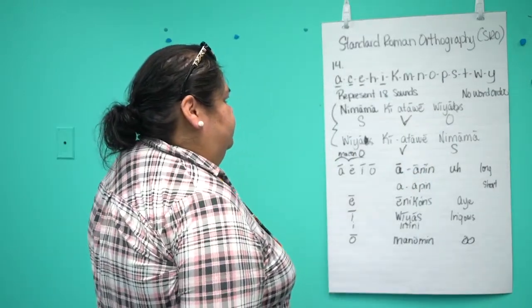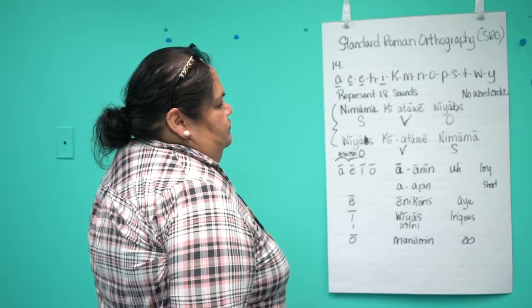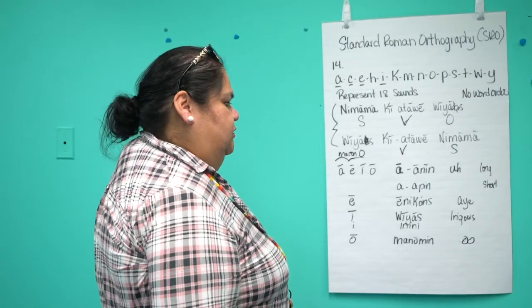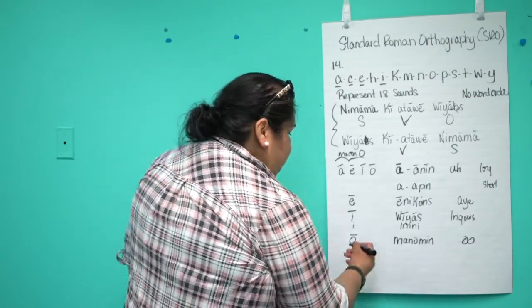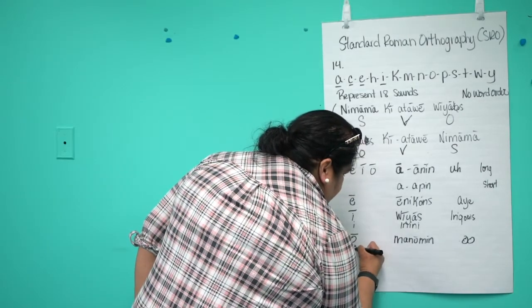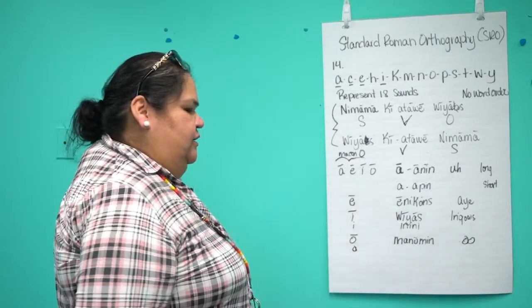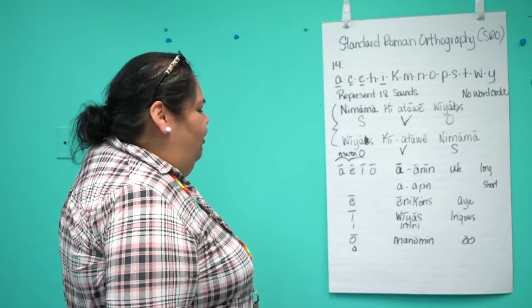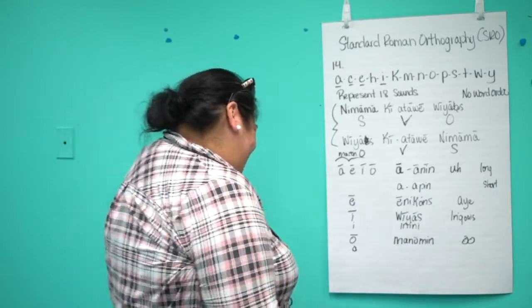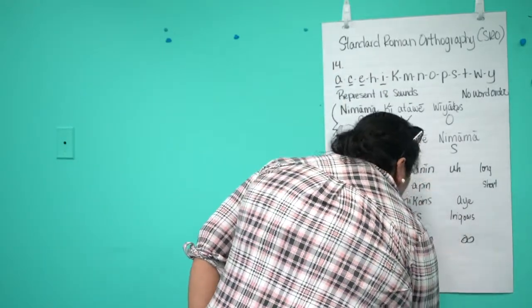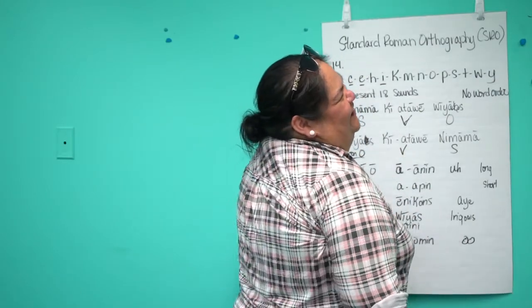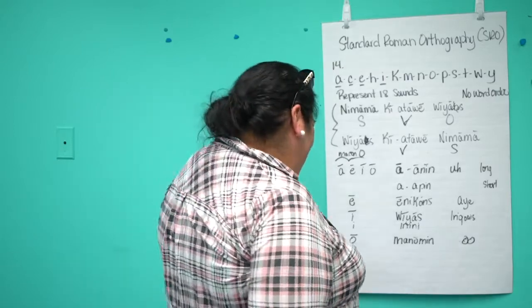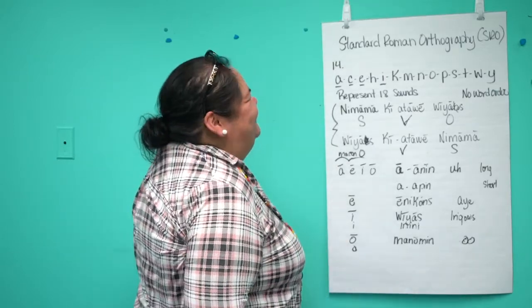Like moon or boot. And then there's just the regular O short vowel sound, like Ho. Hola. No, that's not it.